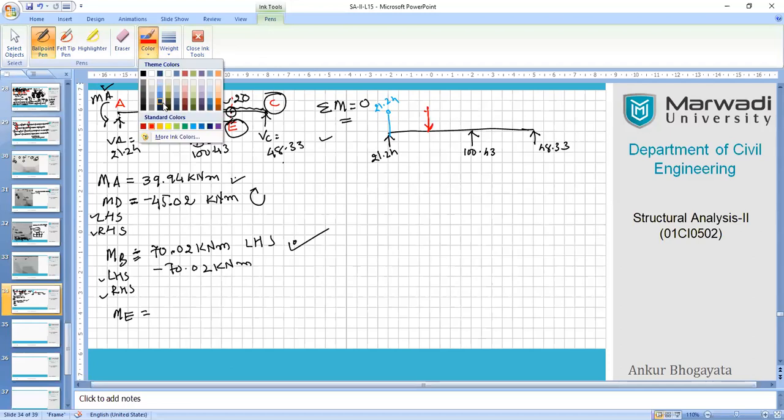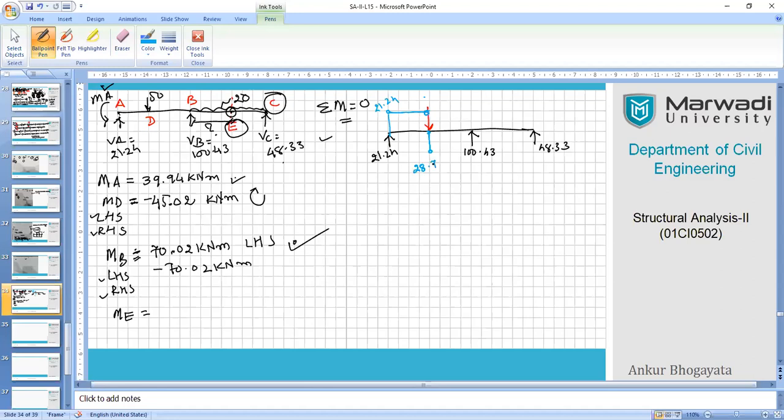Now somewhere in between we have a downward force which is acting in the middle of this. So till here we'll be going straight with this value. Now since you have 50 over here at the red point, at point D, 50 is larger than 21.24, so we'll be going down, right? 50 minus 21.24 will give you 28.76. I hope you are doing this with me in your notes, right?